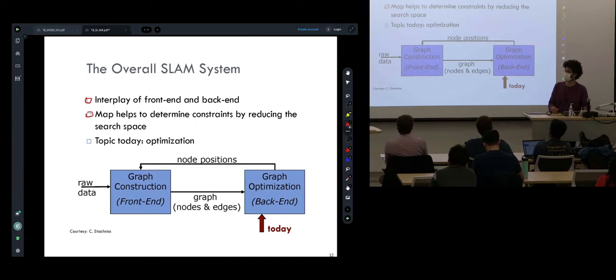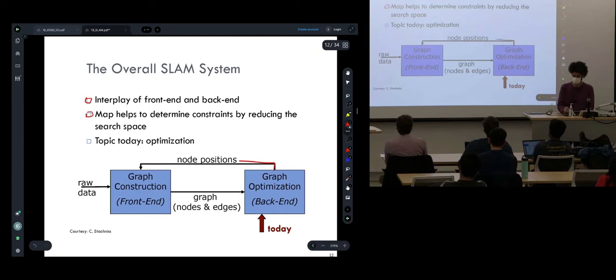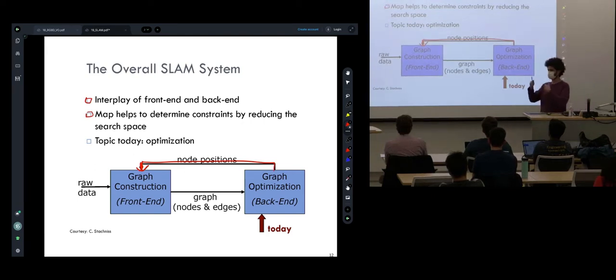In the simplest way, of course, they're disconnected. The front end builds the graph, passes it to the back end, you optimize something, and then you might use the trajectory to do some initialization in the front end. But that's never revisited in the sense of regenerating those constraints in the graph again, right?